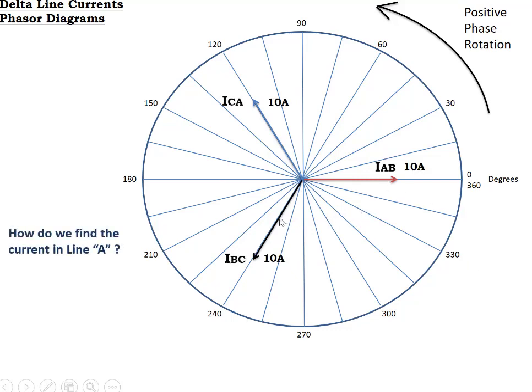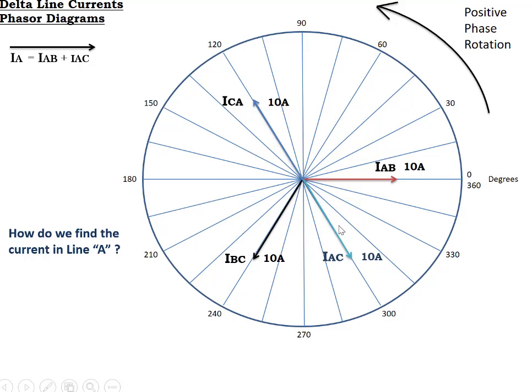Here are the phase currents on my phasor diagram. Line current A is made up of phase current A to B and phase current A to C. Phase current A to C is exactly the opposite location from phase current C to A, so if C to A is at 120 degrees, 120 plus 180 gives me phase current AC at 300 degrees.